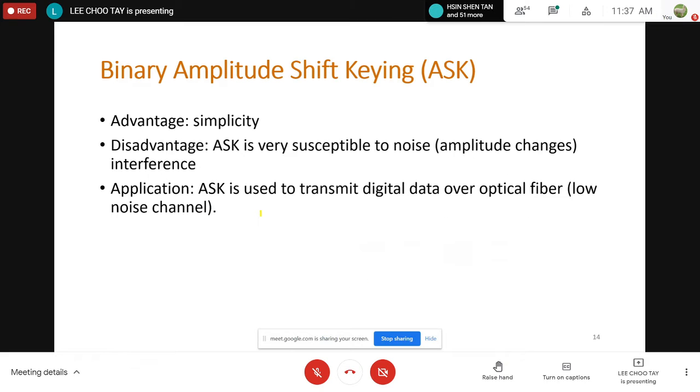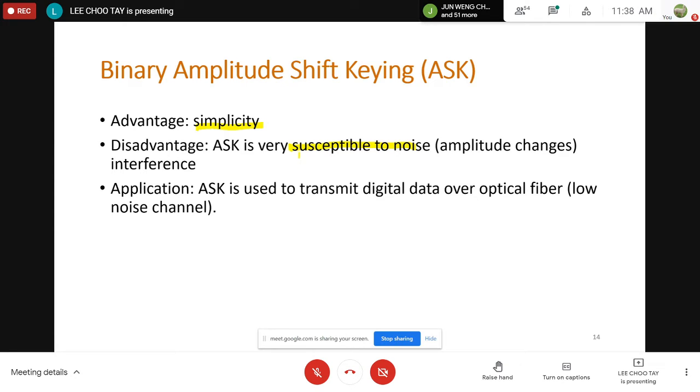The advantage of binary ASK is, first, that it is very simple and easy to generate. Just multiply your digital data with the carrier waveform. The problem with ASK is the same as the problem with AM, which is that it is very susceptible to noise, because noise will change the amplitude.